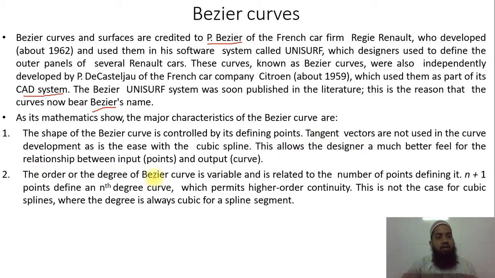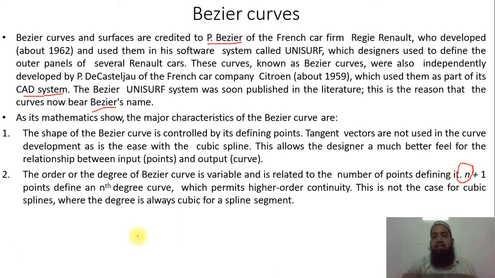The order of the degree of the Bezier curve is variable and is related to the number of points defining it, n plus 1, where n is the degree of the curve and n plus 1 is the number of control points.